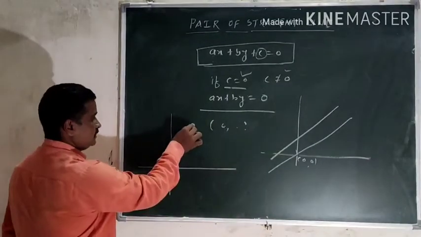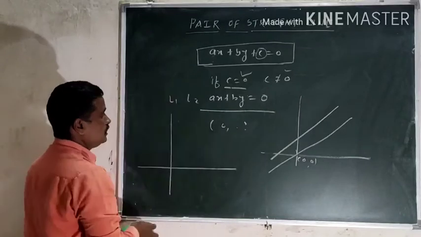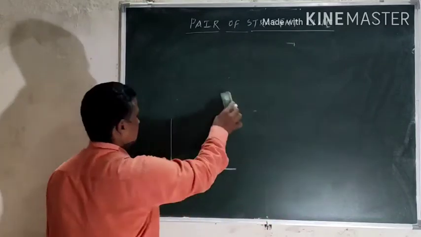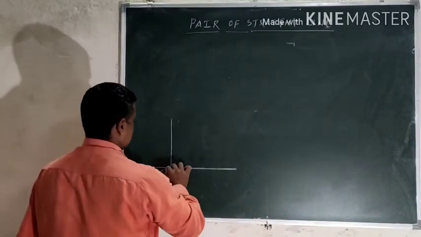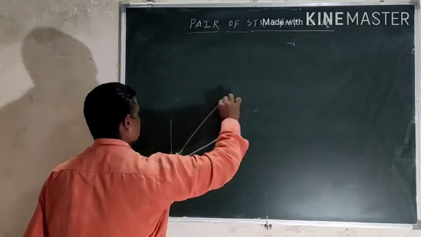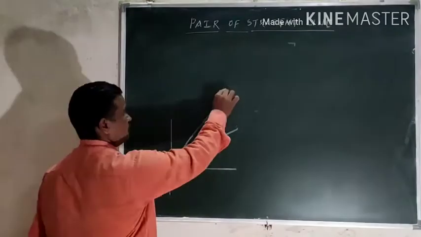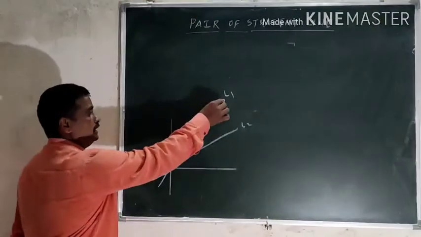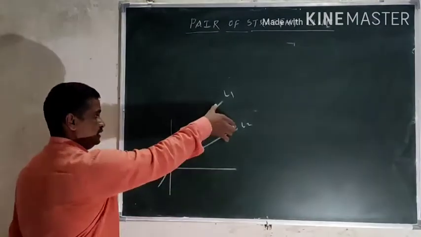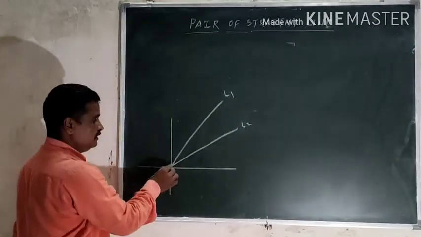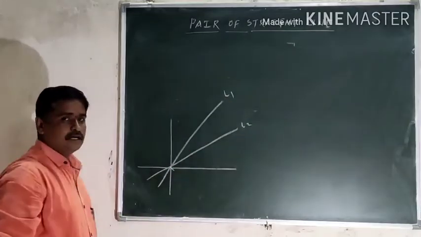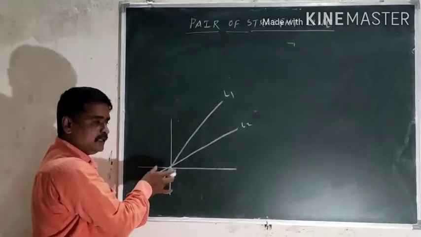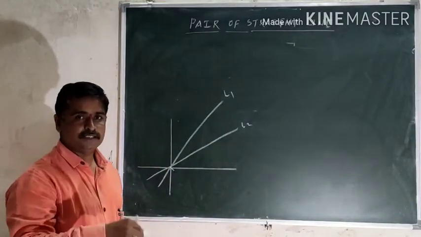Suppose L1 and L2 are two lines, each the locus of a point, as we know very well. What are the possibilities for two lines? There are two possibilities: the two lines pass through the origin, or the two lines do not pass through the origin.